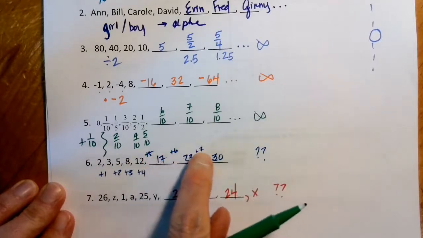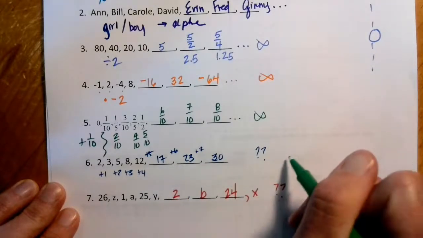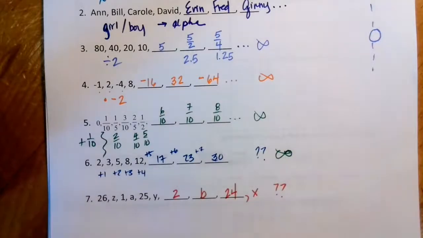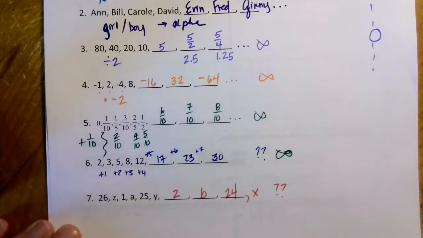So is this a pattern I can continue? Sure, absolutely. And will it go on for infinity? Yes, absolutely. But we're going to talk about whether or not this is a pattern that fits what we're looking for in today's objective with today's lesson, because this isn't a common difference. That's going to make things a little bit trickier for us.